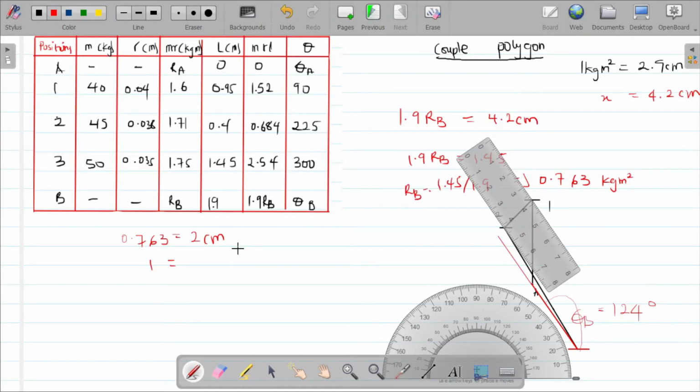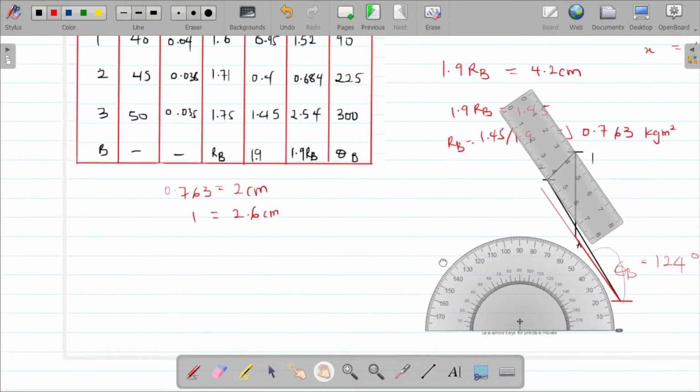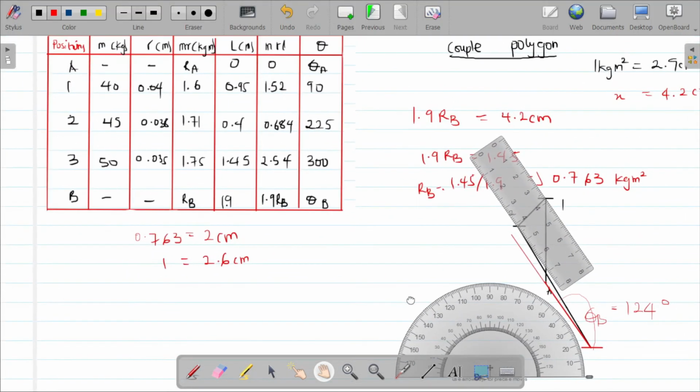Okay. So 2 centimeters divided by 0.763, that is 2.6 cm. All right, so I need space.